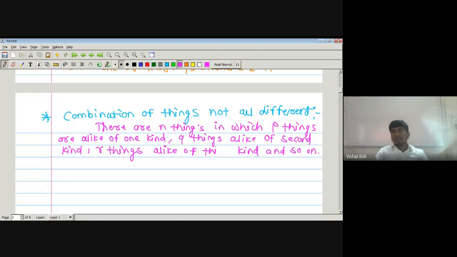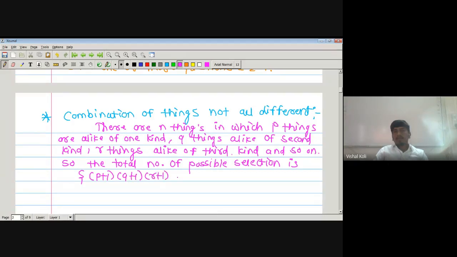So the total number of possible selections is (p plus 1) into (q plus 1) into (r plus 1) up to so on, minus 1.